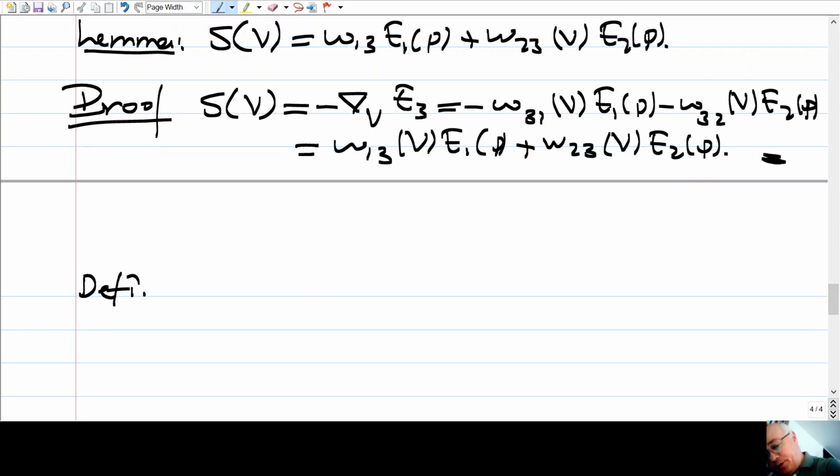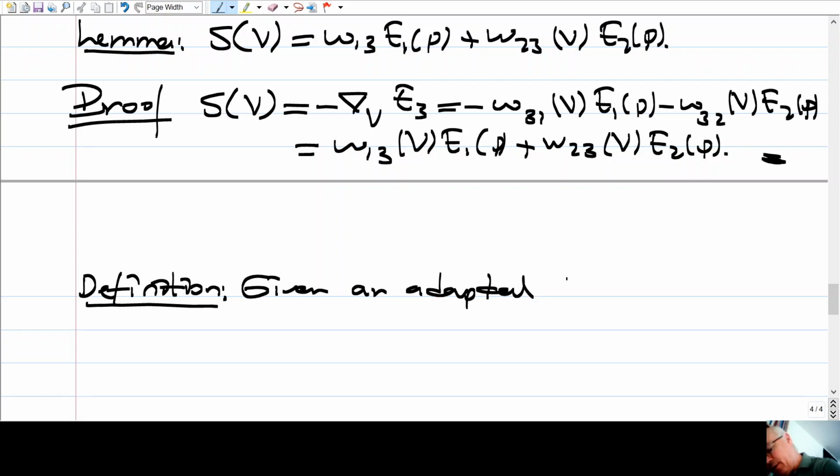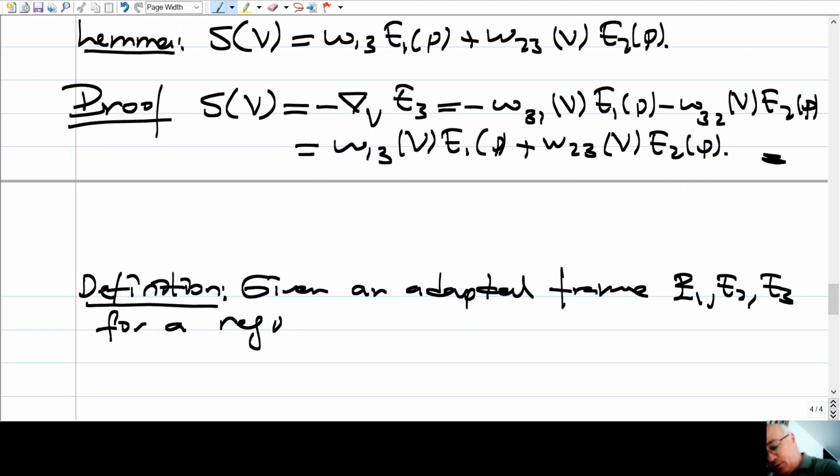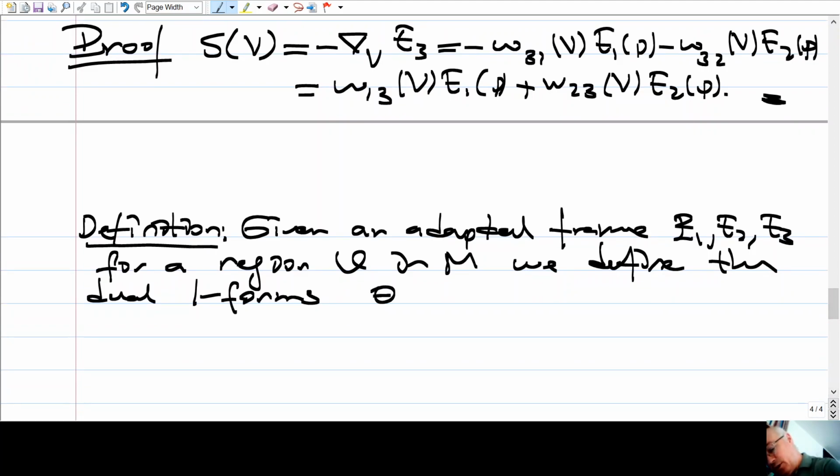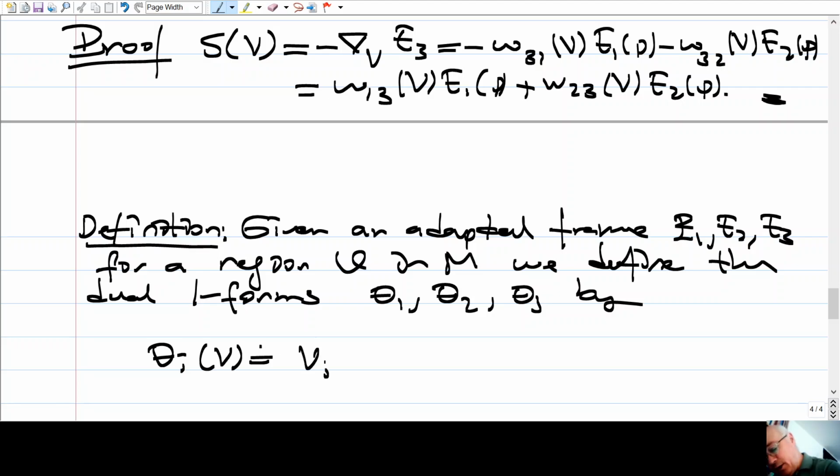As in the previous lecture, we define dual one forms given an adapted frame E1, E2, E3 for a region O in M. We define the dual one forms theta 1, theta 2, theta 3 by the equation theta i at v is just the dot product of v with ei at p.